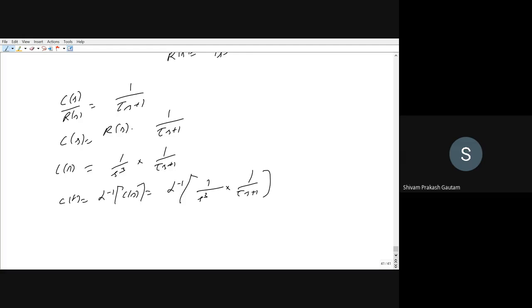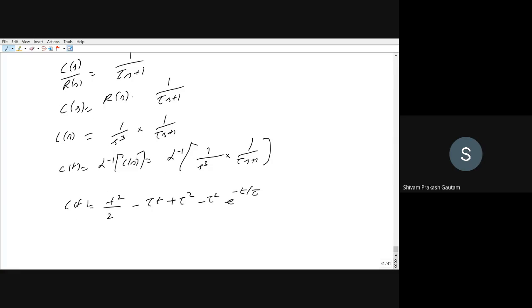I will directly write C(t). So C(t) will be equal to t square by 2 minus tau t plus tau square minus tau square e to the power minus t by tau. So this will be our C(t).